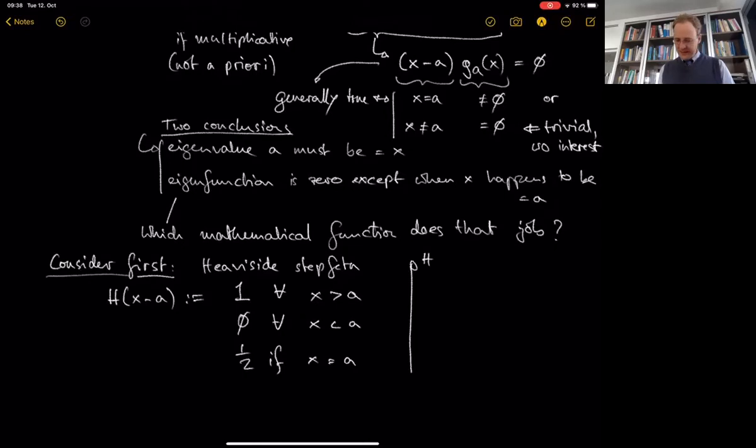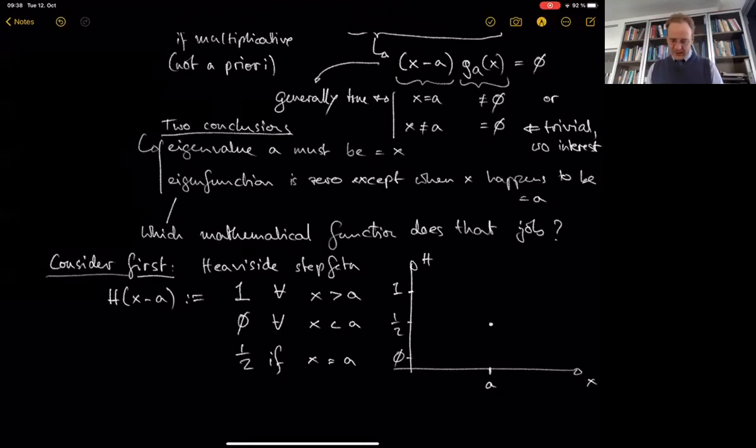So here you have h, 0, 1/2, 1. This is x, and this is a, right? And when x equals a, the function must go through 1/2.